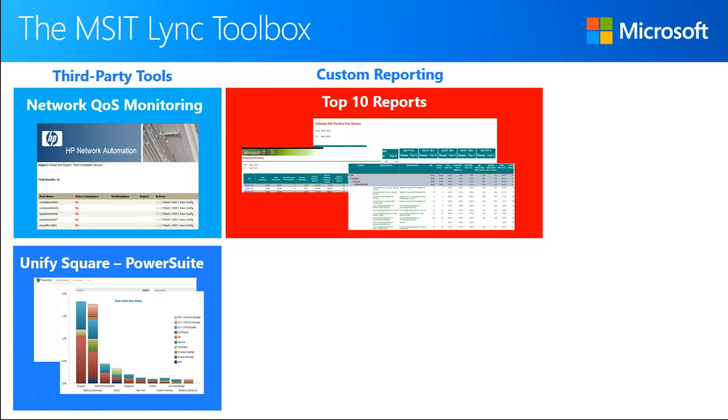But one of the pieces we also did, working with the product group, was to identify all the CDR diagnostic codes that were failing, and then trend those, so the top 10 for each one, and trend those from one week to the next. So what it gave us the ability to do was see, hey, you know what, I had 250 of this error last week, and I've got 750 this week of this error.